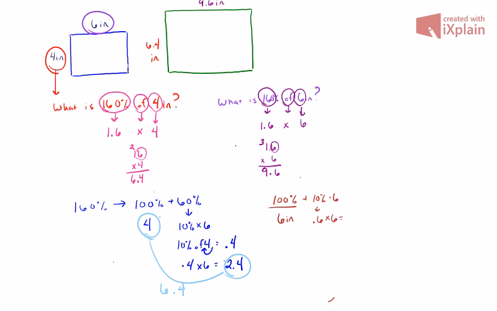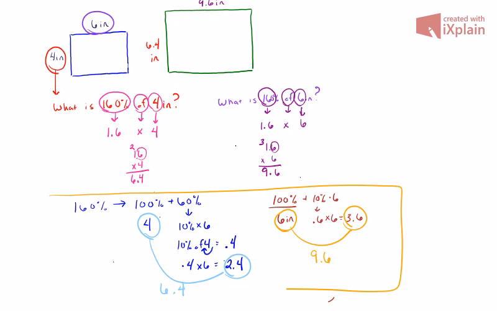That result ends up being 3.6. So take a look: 6 inches plus that 3.6 does give us 9.6. You don't necessarily have to note this information. It's just giving you a different perspective to look from, and to help jog your memory with regards to the mental math that you've been doing with percentages.